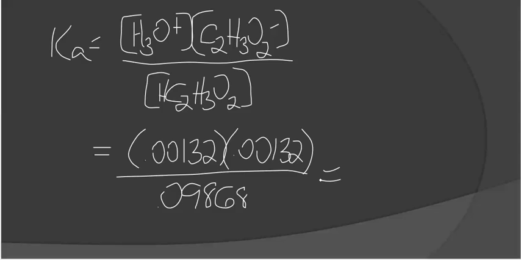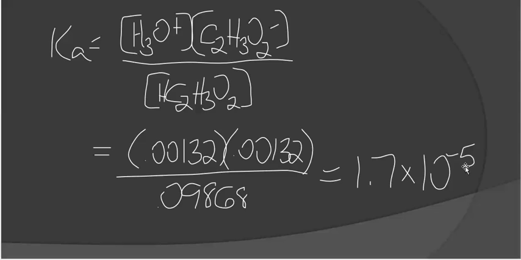And we'll get the value for Ka, which is the ionization constant for acetic acid. So Ka for acetic acid is 1.7 times 10 to the negative 5. And it has no units associated with it.